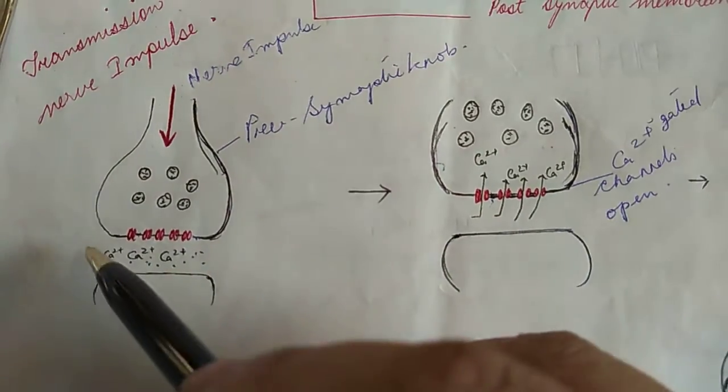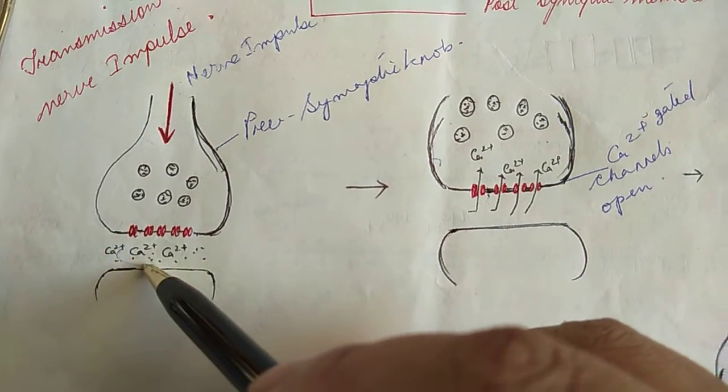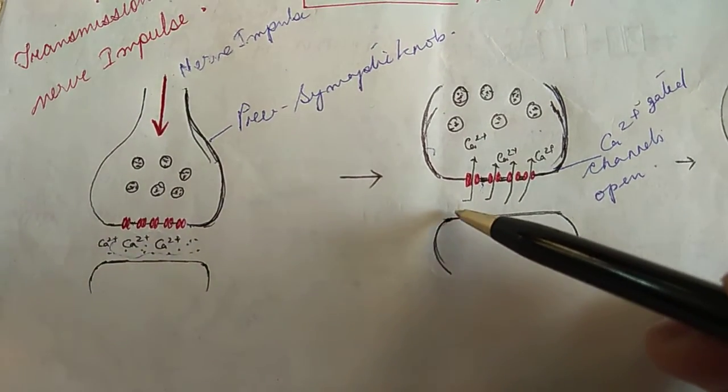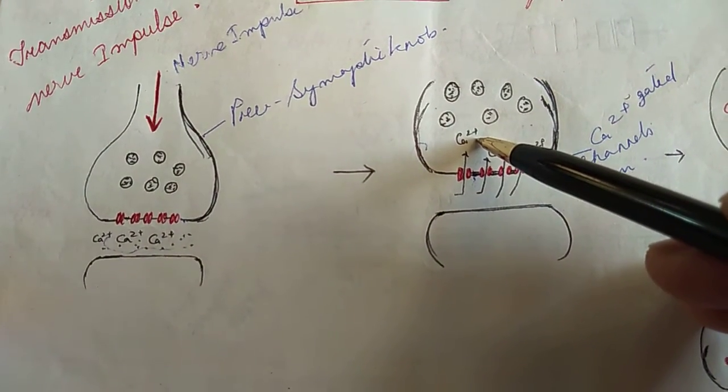As a result, the calcium ions which are present in the synaptic cleft enter into the presynaptic knob.